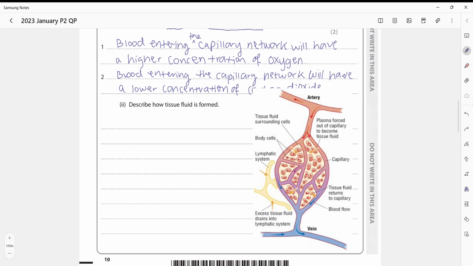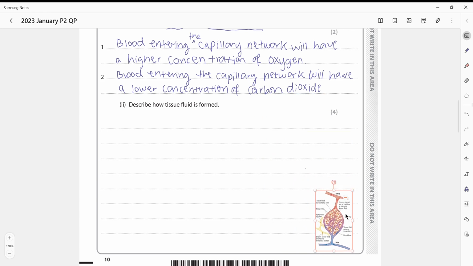So things like water are able to leave the capillaries, and even smaller molecules as well. But larger molecules and even red blood cells are not able to leave the capillaries unless there's some sort of bleeding, which we don't want. Okay, so we can try and attempt this question.